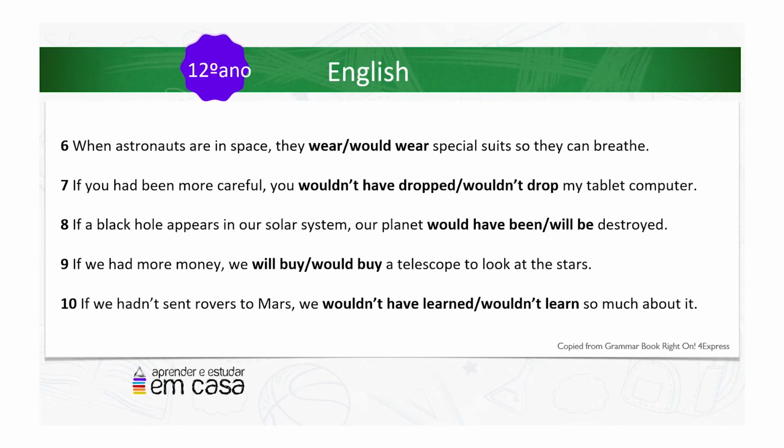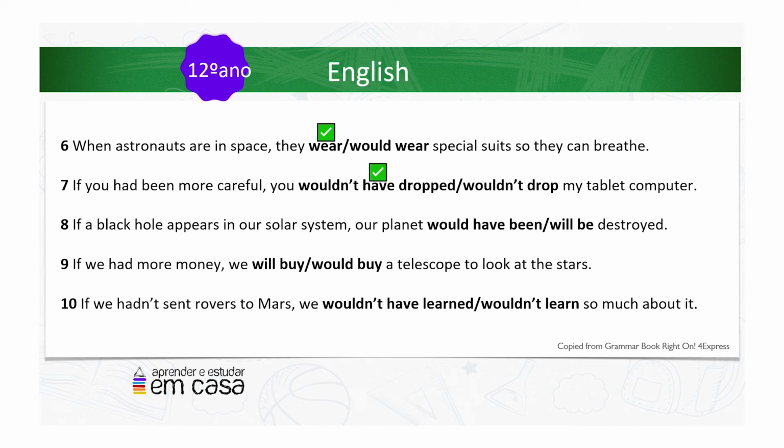And five more sentences. When astronauts are in space, they wear or would wear special suits so they can breathe. They wear. If you had been more careful, past perfect, you wouldn't have dropped or you wouldn't drop my tablet.